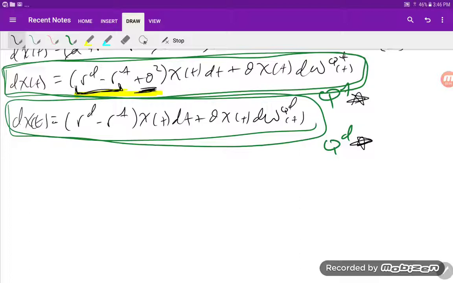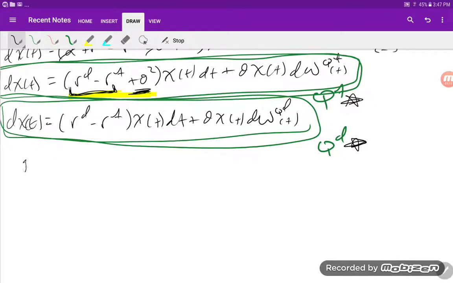The main one was, I'll reiterate again, I think when we were doing one of the Ito quotients, it was either this one or the other way.